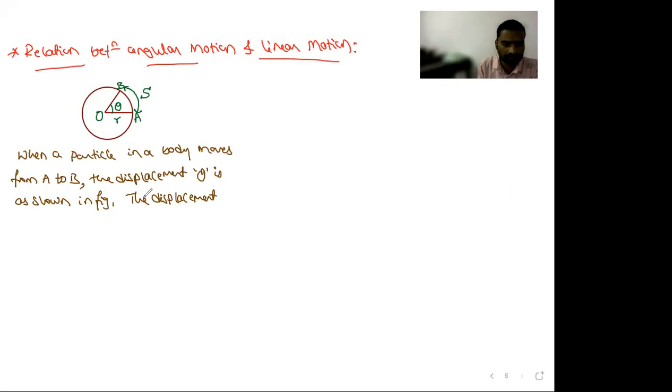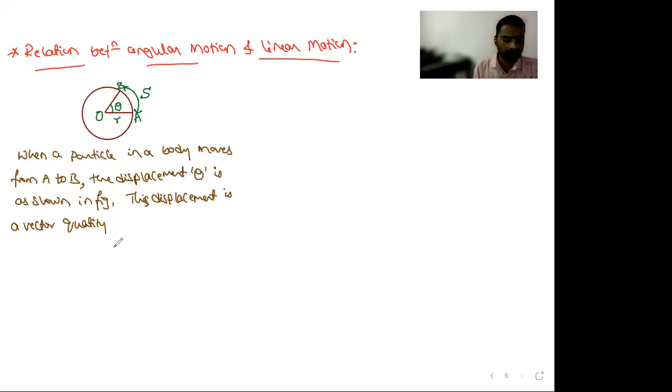This displacement is a vector quantity. This displacement is the angular displacement theta, as shown in the figure.